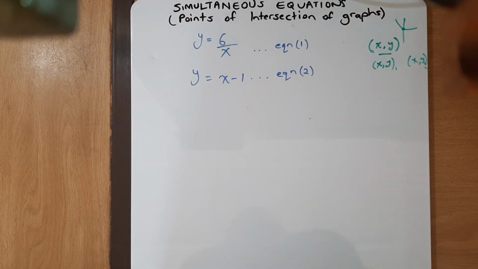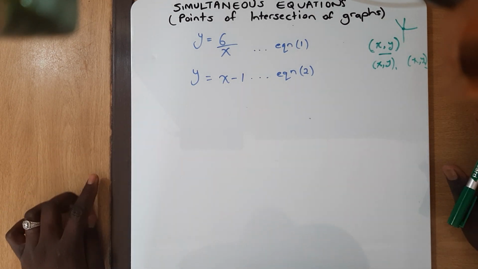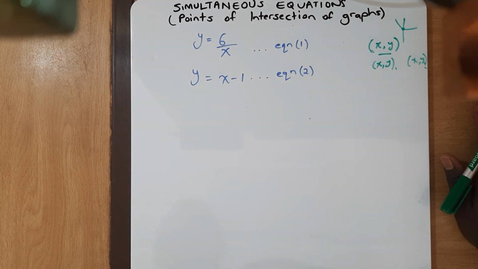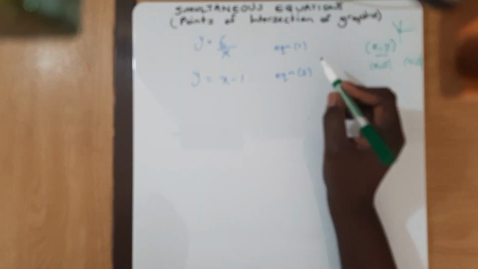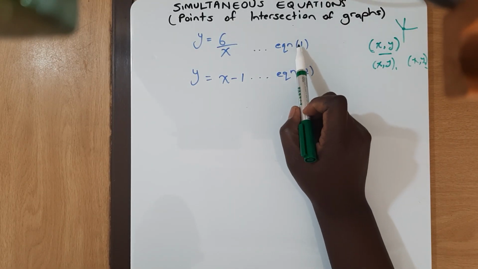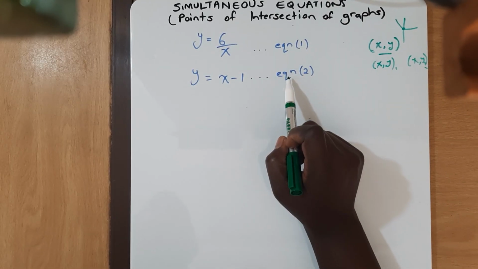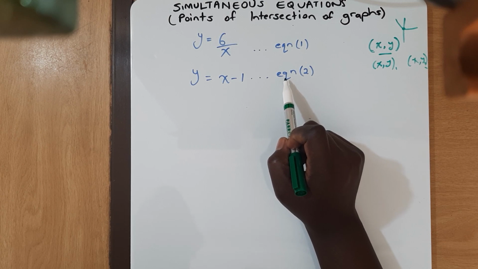The first step in solving simultaneous equations, we have to substitute. You can say, let us substitute equation 1 into equation 2. Okay?